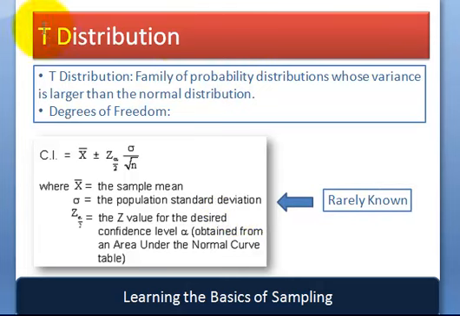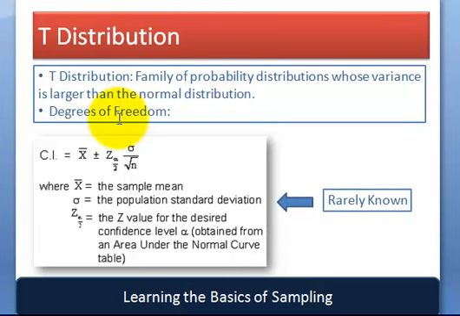So there's another family of distributions that have a wider variance than the normal distribution that we use extensively in statistics called the t-distribution. The t-distribution is a family of probability distributions based upon how many degrees of freedom you have.